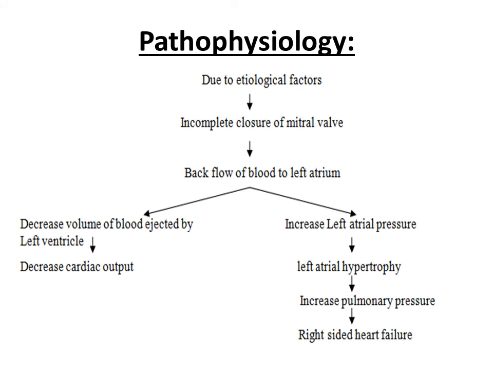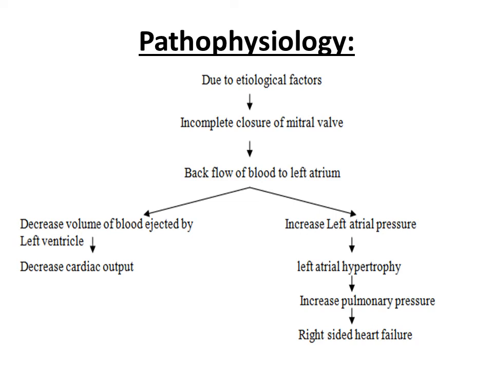Now, pathophysiology: due to any etiological factors, incomplete closure of the mitral valve arises, then it leads to the backflow of blood to the left atrium. By that way, two pathophysiologies may arise. In that, first one is the decreased volume of blood ejected by the left ventricle.